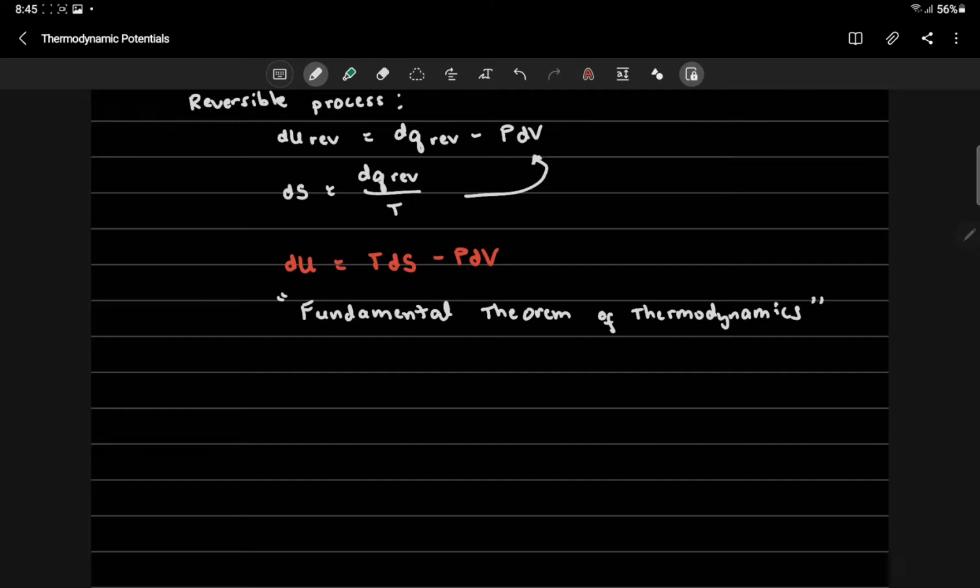This is a beautiful equation. It's one of my favorites kasi this equation, this theorem, it captures both the beauty and the principles of both the first law and the second law of thermodynamics. So yan yung fundamental theorem of thermodynamics.